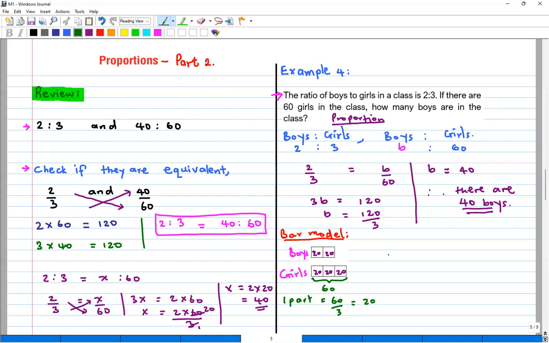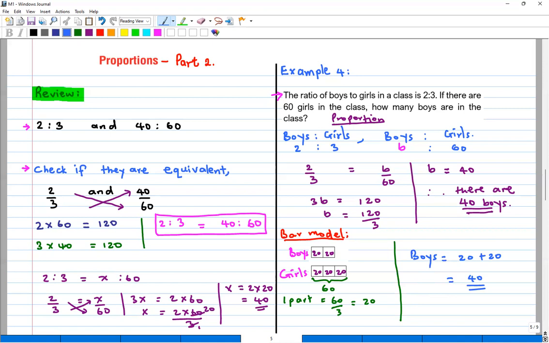So the number of boys is 20 plus 20, or you may call it 20 times 2. This will be 40. I hope you understand that. So you can use the bar model or you can use the proportion method.